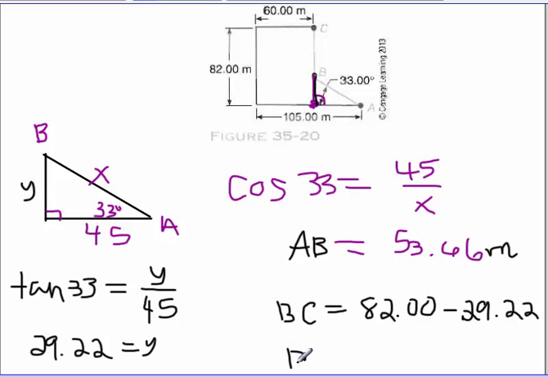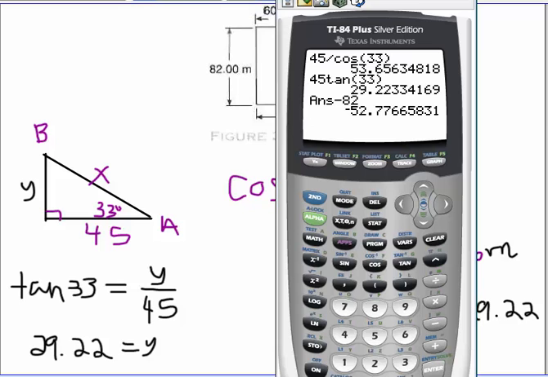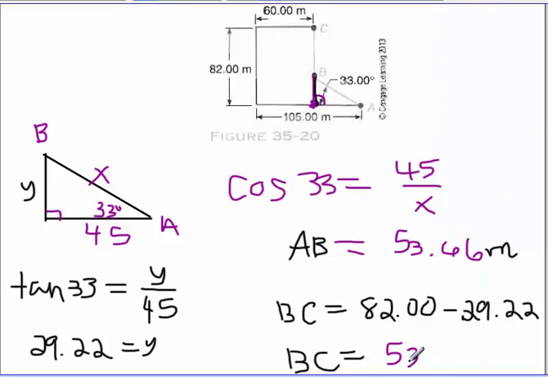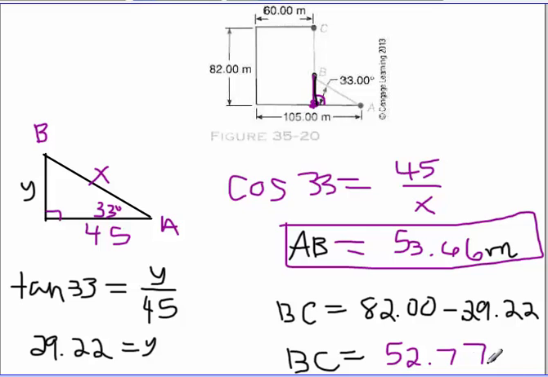And that's the length of BC. 52.78. And that's all it is to do in that picture. So this is AB in meters, and this is BC in meters.